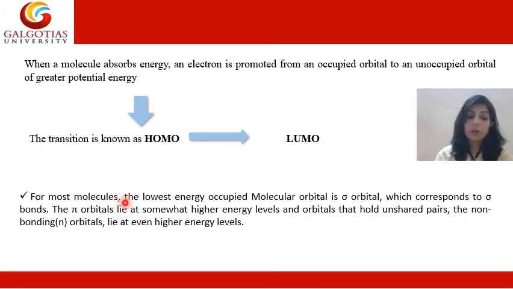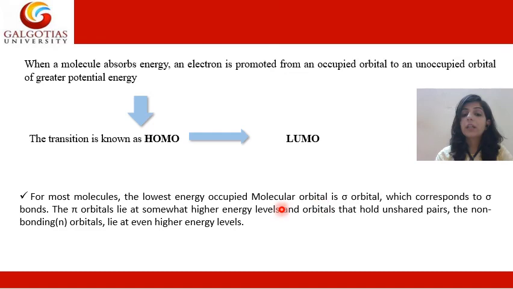For most molecules, the lowest energy occupied molecular orbital is the sigma orbital. We have different types of orbitals. The lowest energy occupied orbital is the sigma orbital, which corresponds to the sigma bond. The pi orbital, the next type of orbital, lies at a somewhat higher energy level, and the non-bonding orbitals, which hold your unshared pairs of electrons, are present at an even higher energy level.